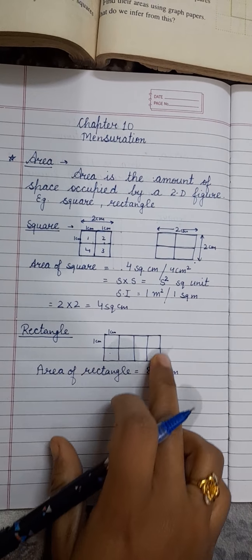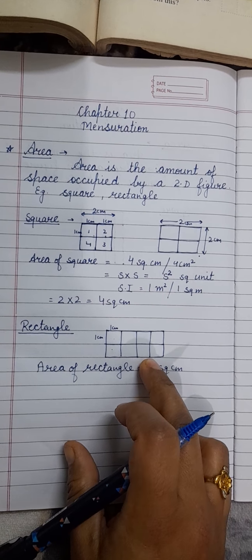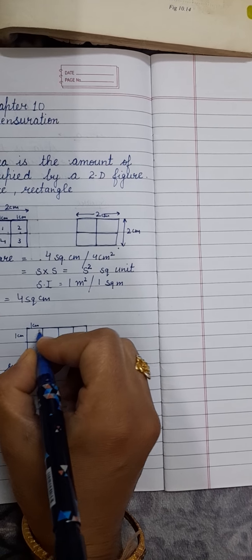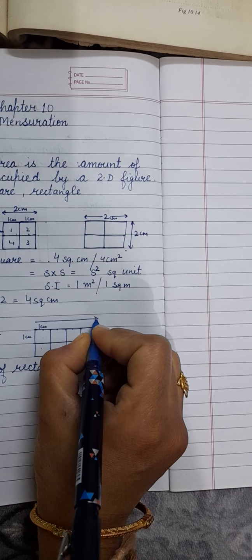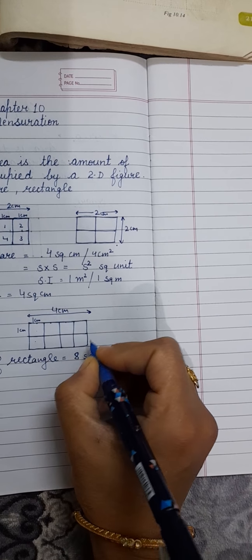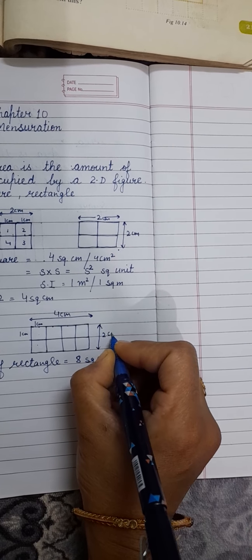But if we don't want to count the number of squares, or we don't want to split the given rectangle into squares, then what will we find? We will find the length: 1, 2, 3, 4. The total length is 4 centimeter. Then 1, 2. The total breadth is 2 centimeter.